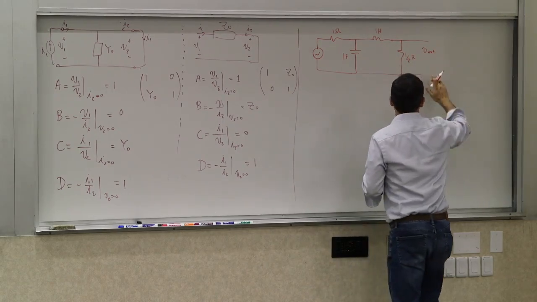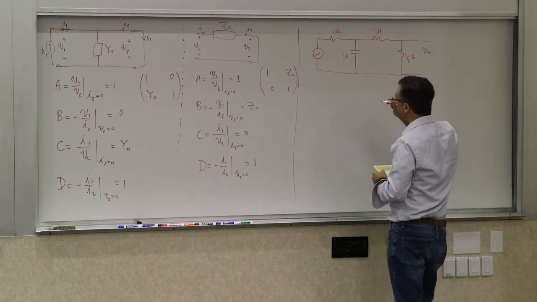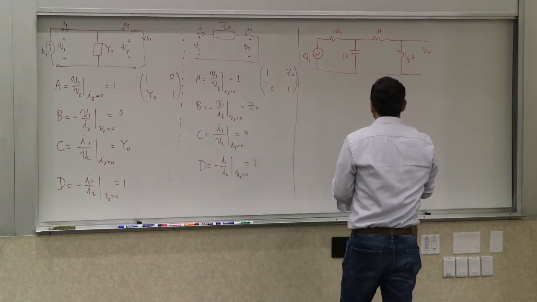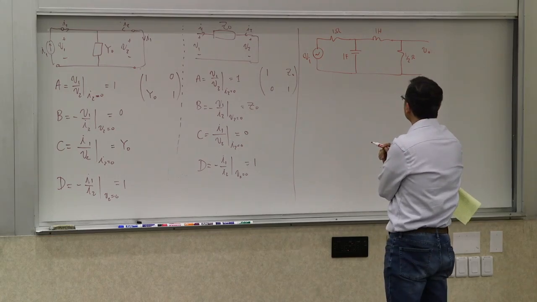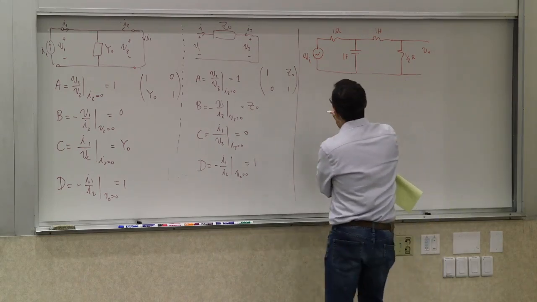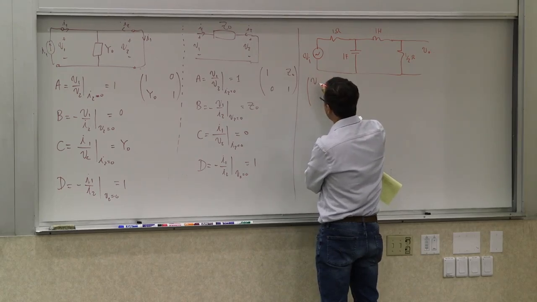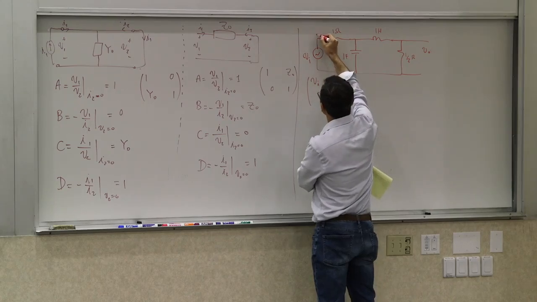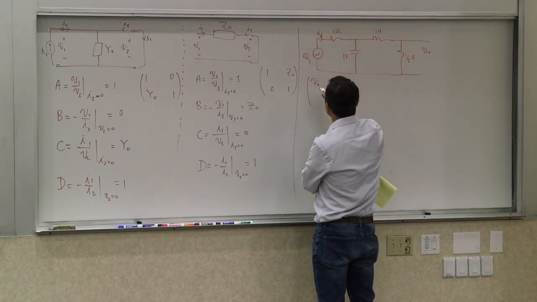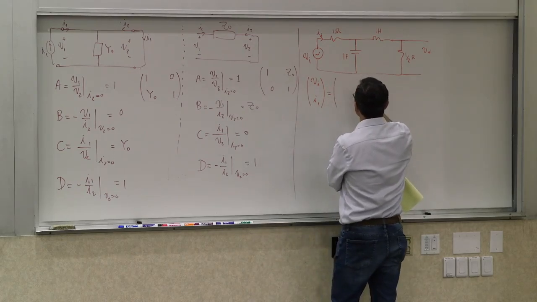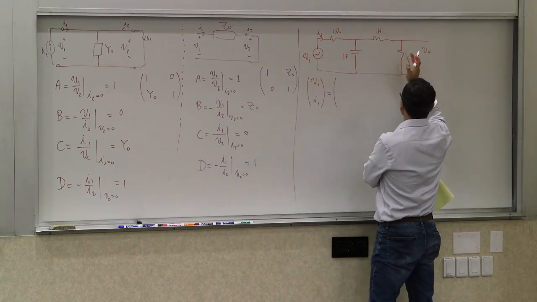And this is VI. So the question is, how do we find the ratio of V out to V in? We can use the same format as the ABCD parameters, or the transmission parameters. So we have a VI, and let's call this II, and then we can express it in terms of the transmission of each one of them.